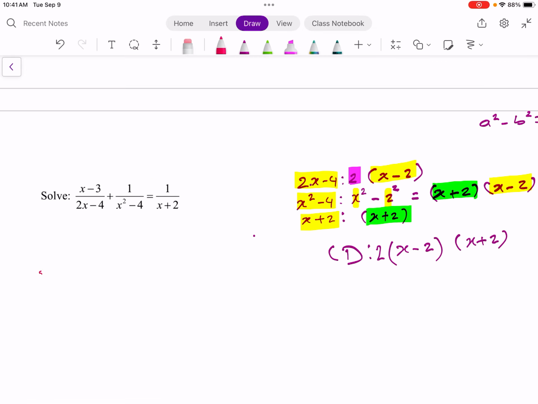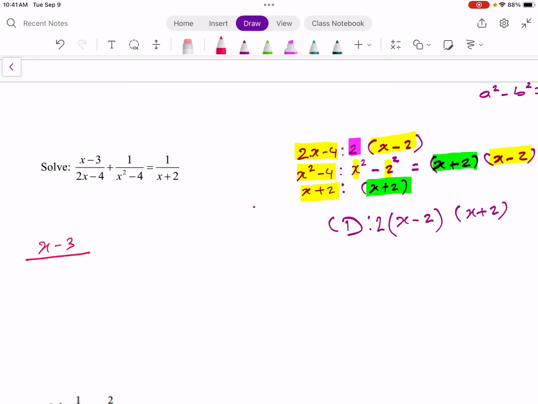Our first expression is x minus 3 divided by, now can I rewrite 2x minus 4 as 2 times x minus 2? Do you all agree? That's what we had, right?